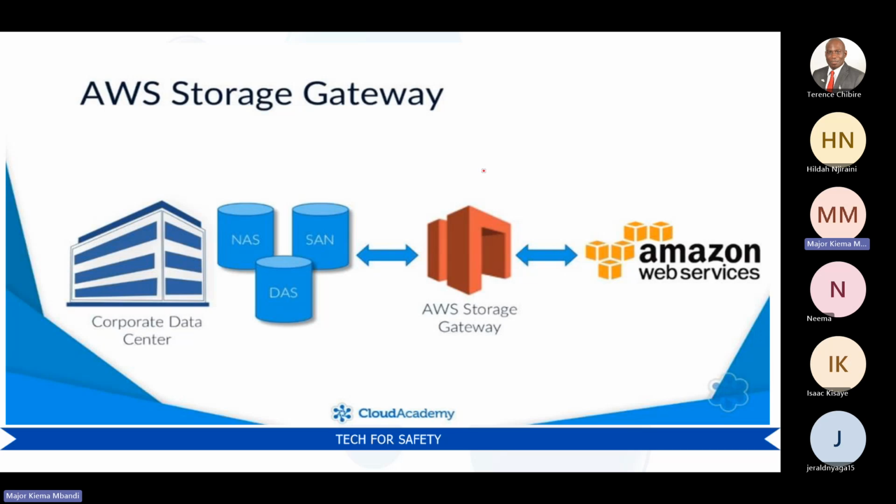So what is being done is a software appliance that can be integrated on-premise with AWS, and the appliance can be downloaded as a virtual machine and installed on VMware or Microsoft hardware. So there are three flavors of the storage solution that you can make use of. One of them is the file gateway.